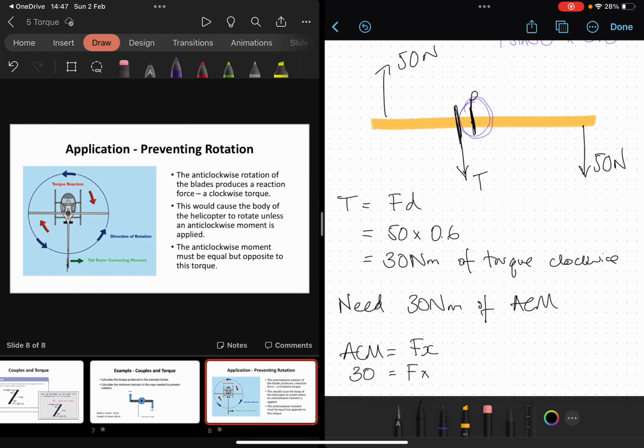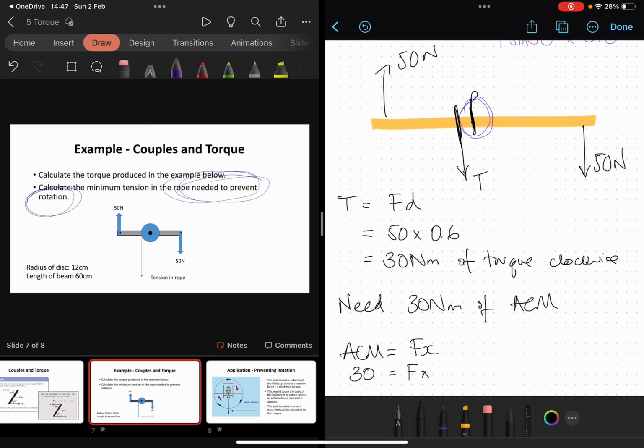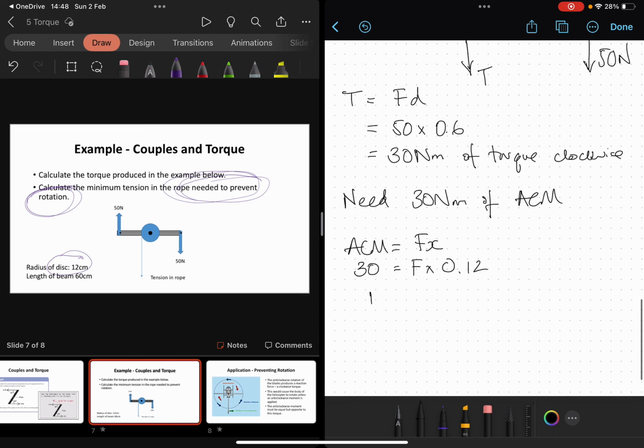That is the radius of the disc. That is the 0.12 meters, isn't it? That is that distance in there. And that means we have a force required of 250 newtons.